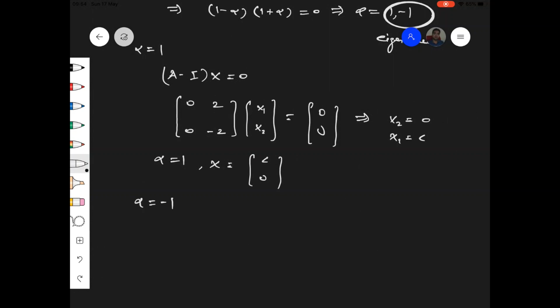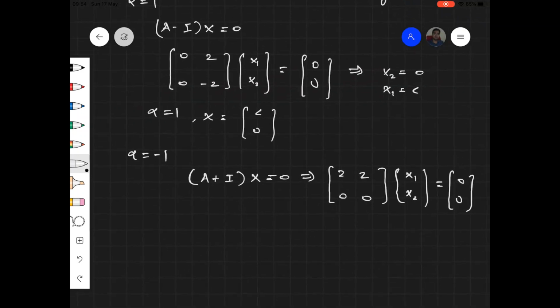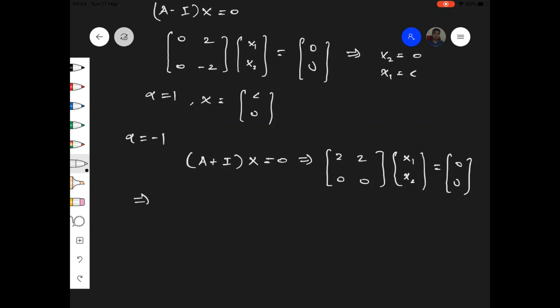Let's do the same thing for alpha equals minus 1. So the corresponding equation will be (A plus I) x equals 0. And once we solve it, (2, 2; 0, 0) times (x1, x2) equals (0, 0), which is again a quite easy system of linear equations, and it turns out to be x1 equals 0 and x2 equals some value d, which may be a real number or a complex number.